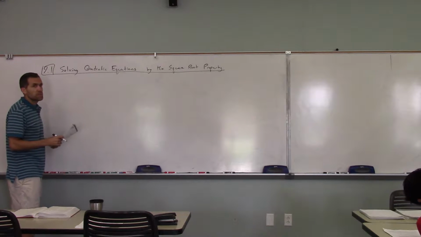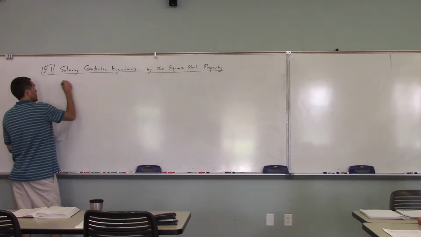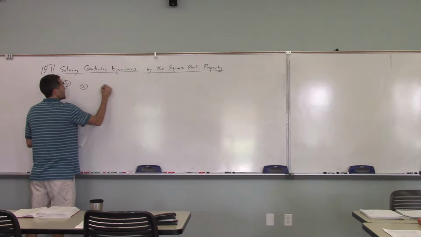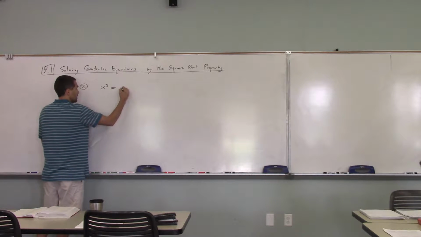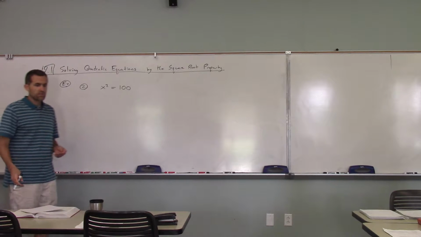The two big ideas are, just to do an example really quick, number 2 is x squared equals 100. How could we solve this?